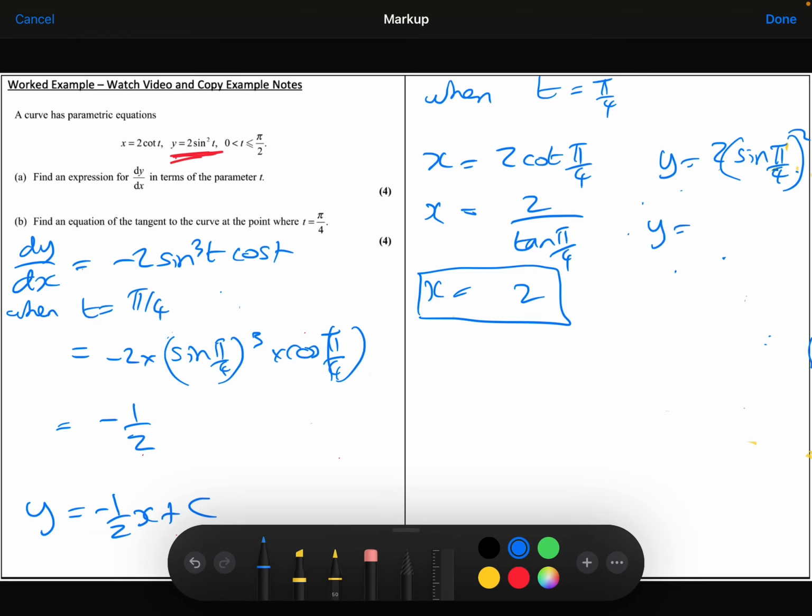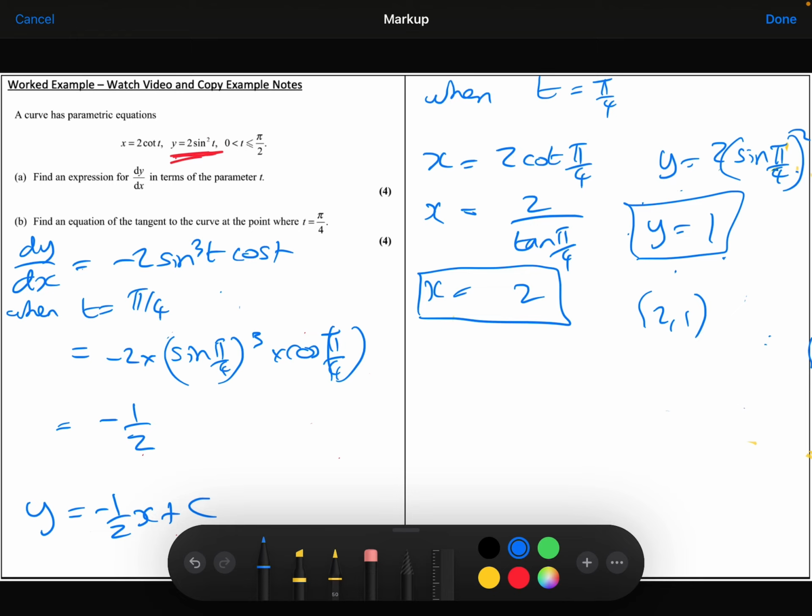Sine pi over 4 is root 2 over 2. So root 2 over 2 squared is going to be a half, times by 2 is 1. So when t is pi over 4, we have the coordinate 2, 1.